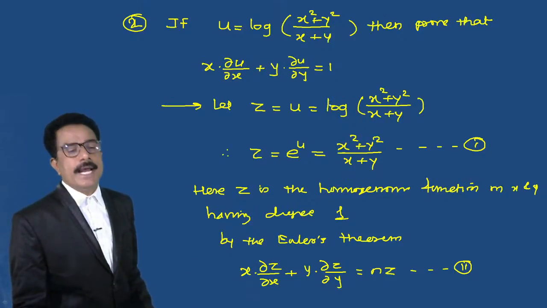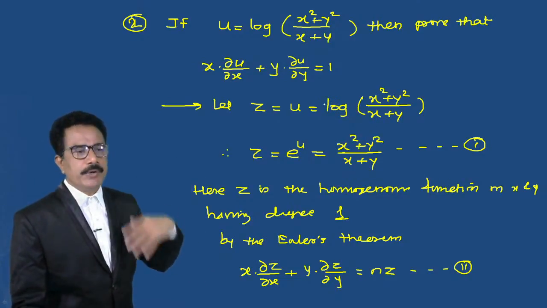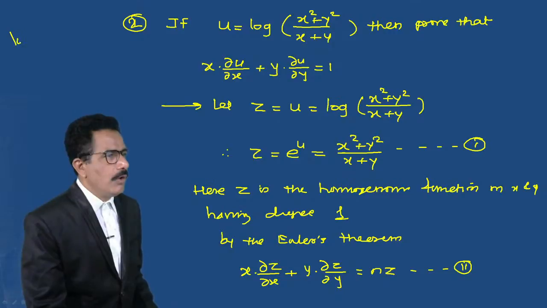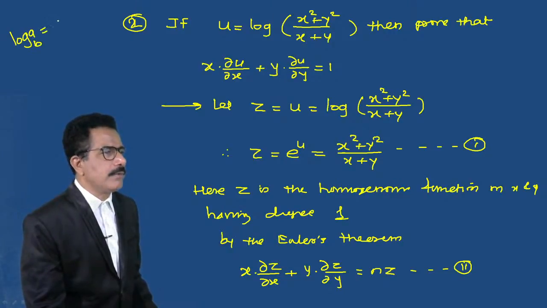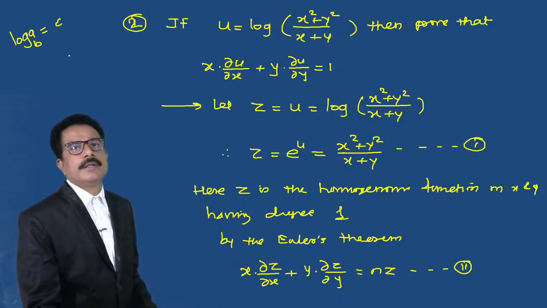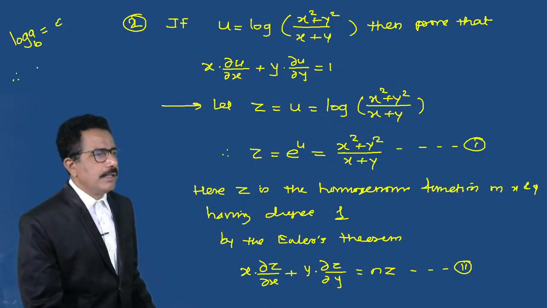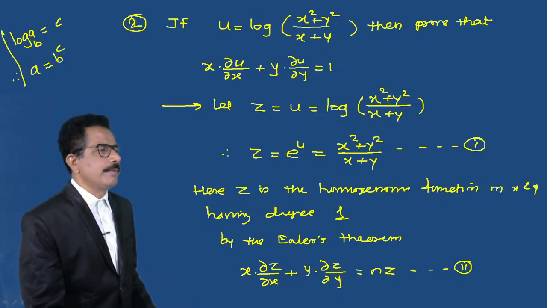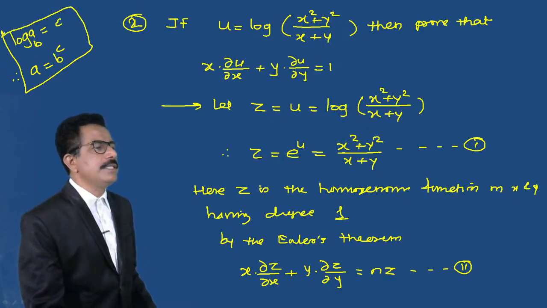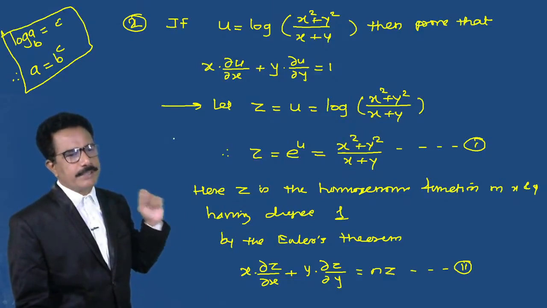Now we know that the inverse of log is exponential. See this, if log of a to the base b is equals to c, then we can write a is equals to b raised to c. This is the inverse process of a logarithmic function.